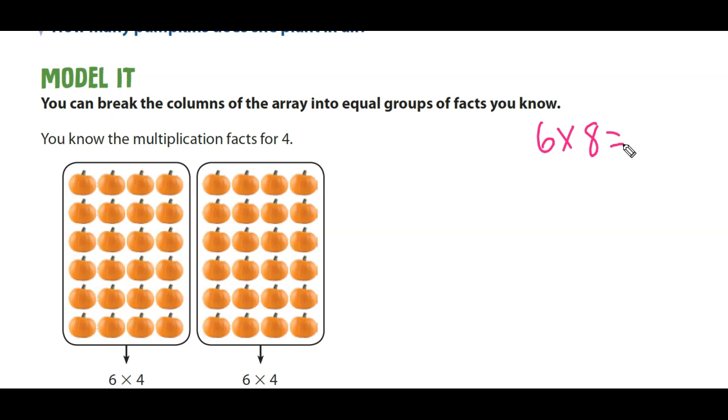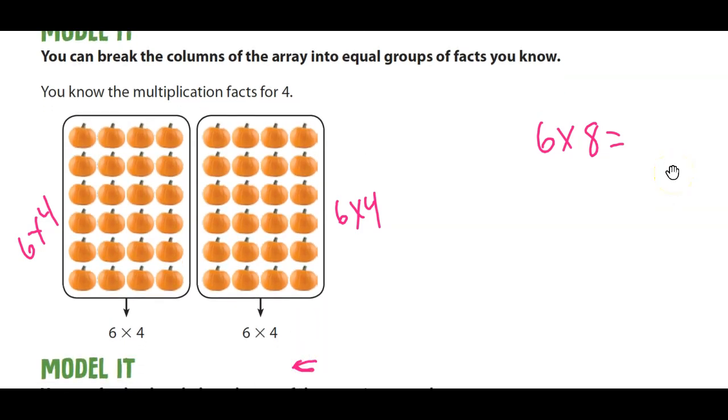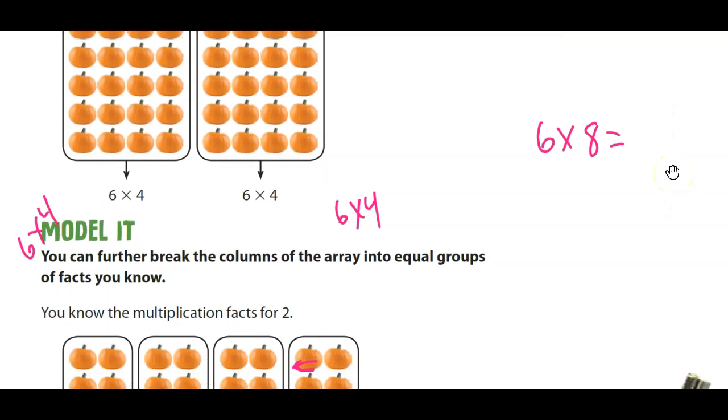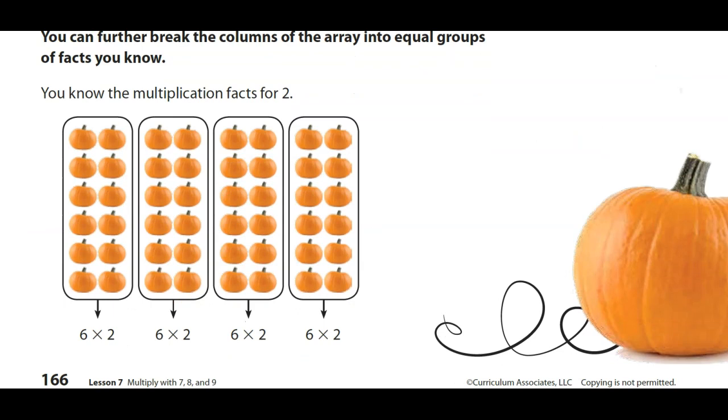So this would be 6 times 4 and 6 times 4, just like they have underneath right here. Then they broke it apart even further. They broke apart 6 times 4 into what multiplication fact? 6 times 2.